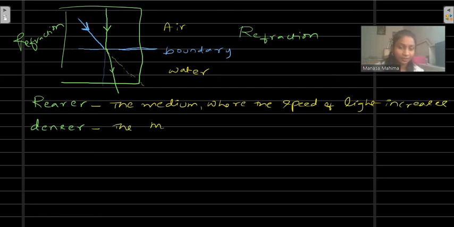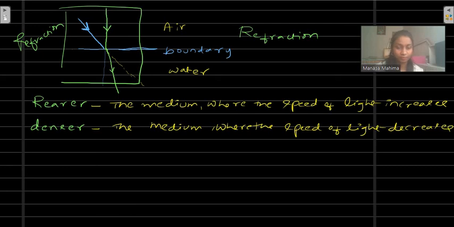Denser means the medium where the speed of light decreases. This is one point we need to understand about refraction.